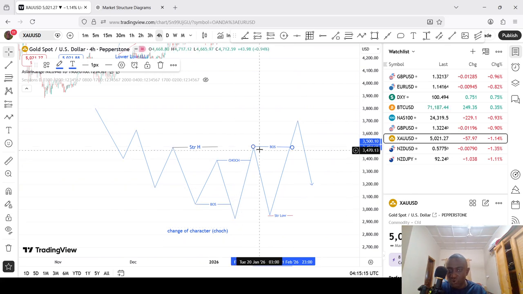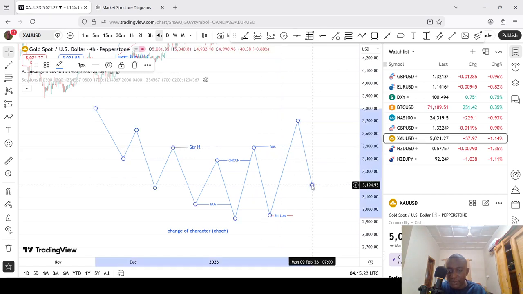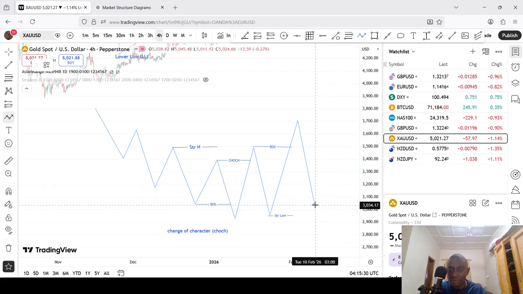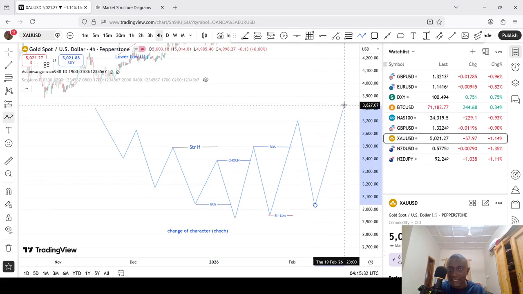Here it just broke, so it became a change of character. Now it has broken again. Now it becomes a BOS, and we are not expecting price to go below this again. So around this zone, we are also expecting price to at least continue from this side to at least this side. You get it?